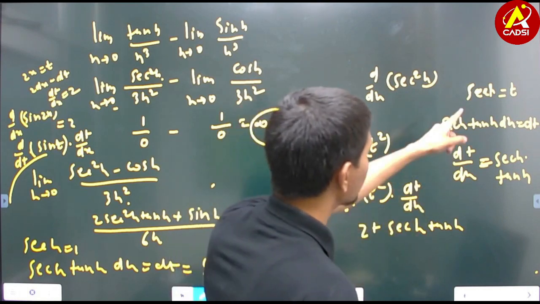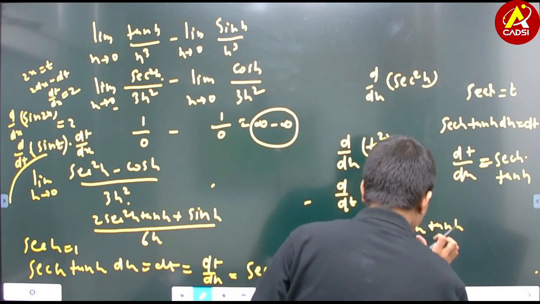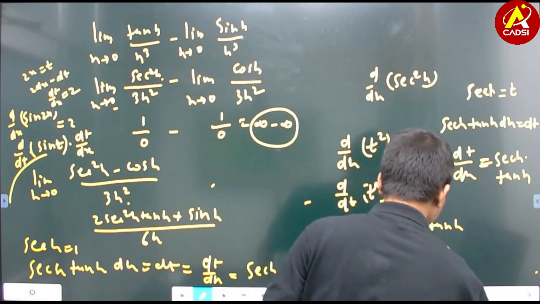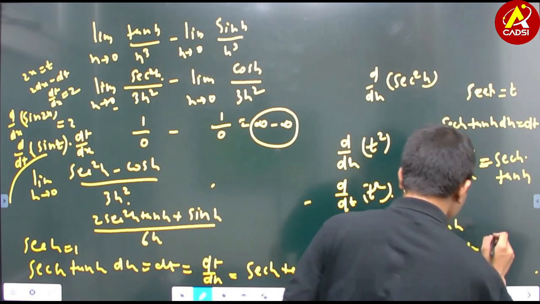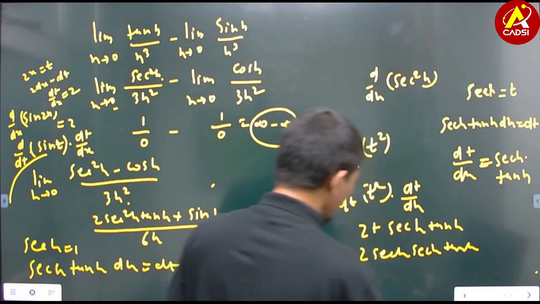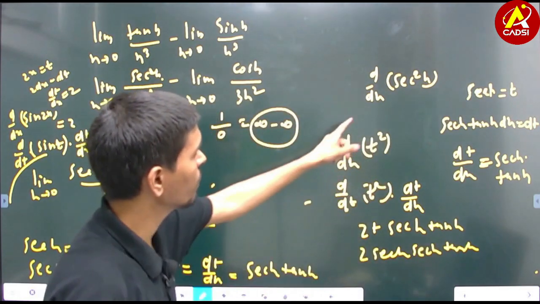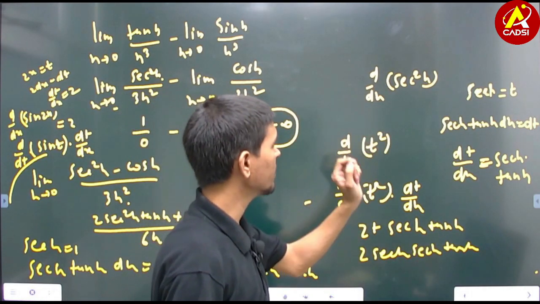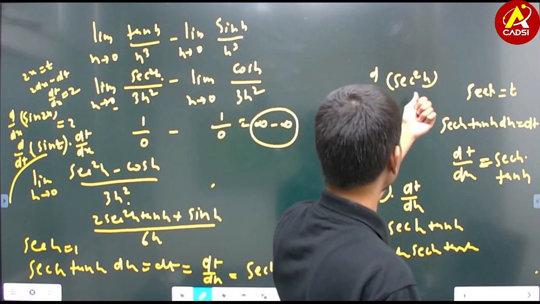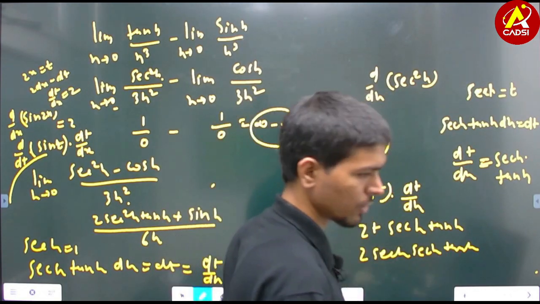Since t is sec h, we get 2 sec square h tan h. So the derivative of sec square h with respect to h is 2 sec square h tan h, okay.